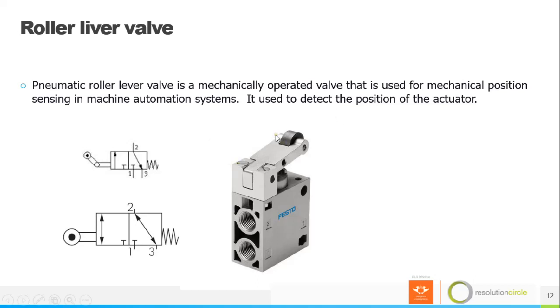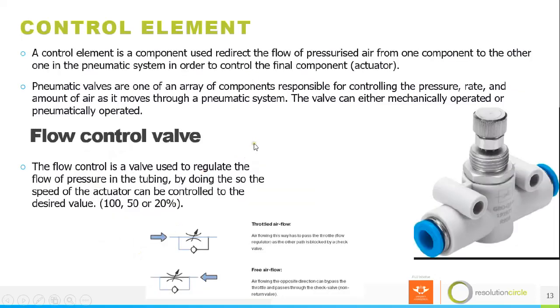As the cylinder advances, the piston rod will push the roller lever down. As it pushes down, the roller lever opens and allows pressure to flow between port 1 and port 2. You should never forget that port 1 is where we will always supply the component, but I'm going to touch on it when we move to the directional valve.